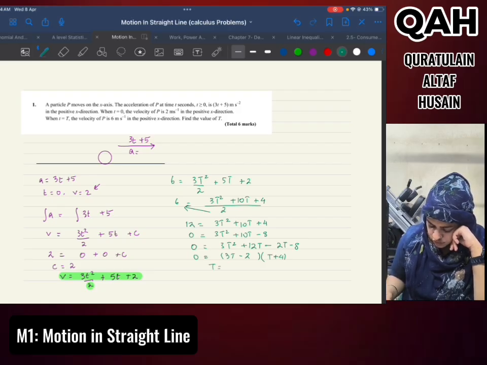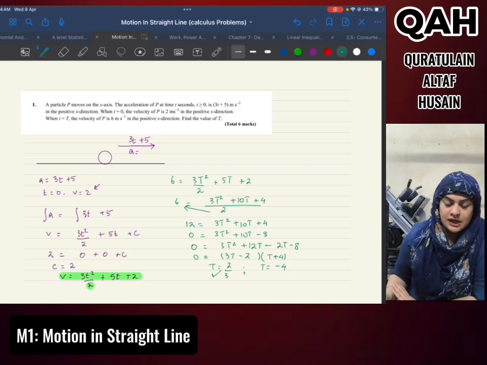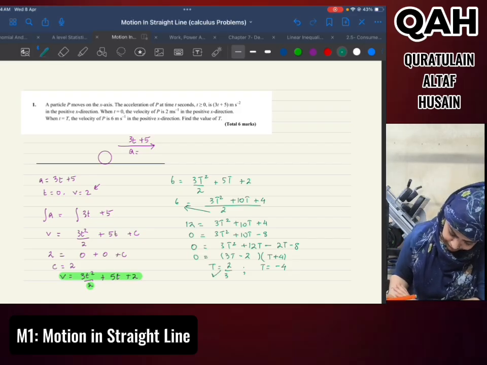T is equal to 2 upon 3, or T is equal to minus 4. We will consider T is equal to 2 upon 3 because time cannot be negative.